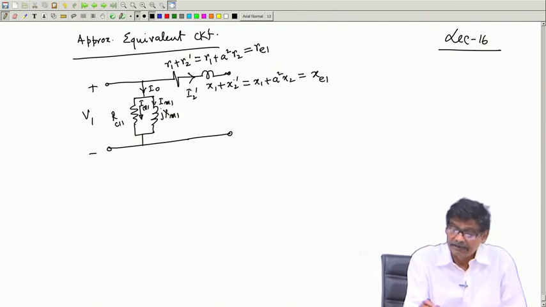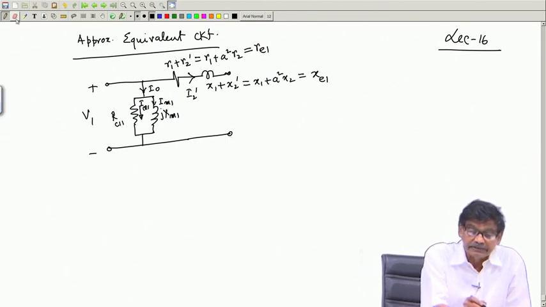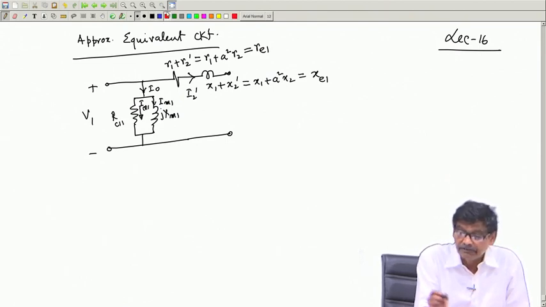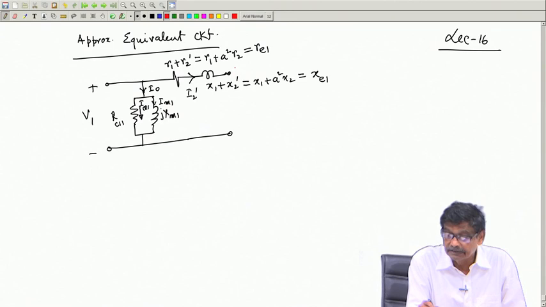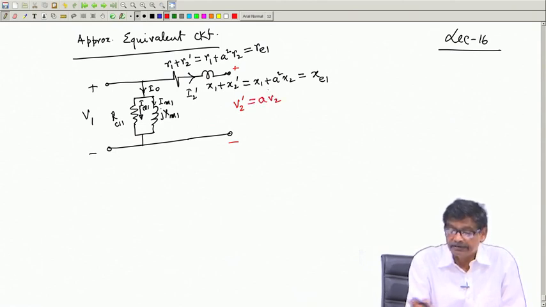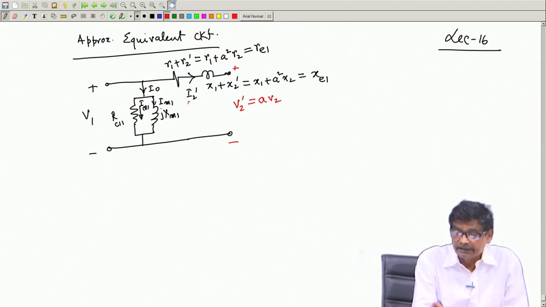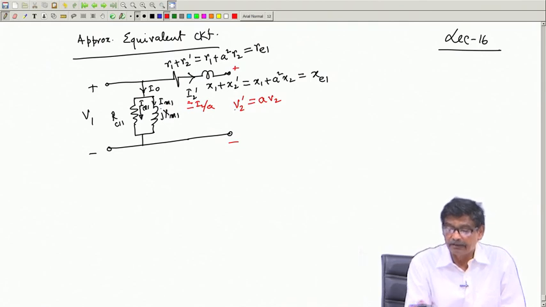Then this voltage, if I show it by different colors so that you understand, this voltage is V 2 dashed, which is equal to A into V 2 actual secondary. This current I 2 dashed is equal to I 2 by A. This is how things will go.